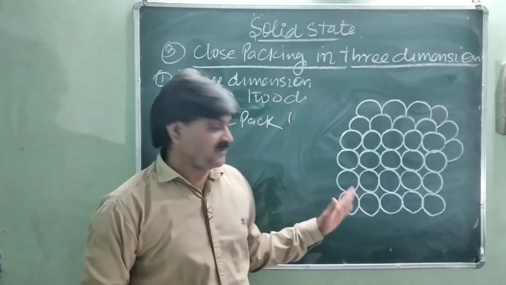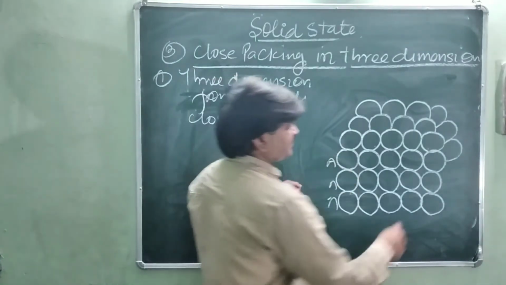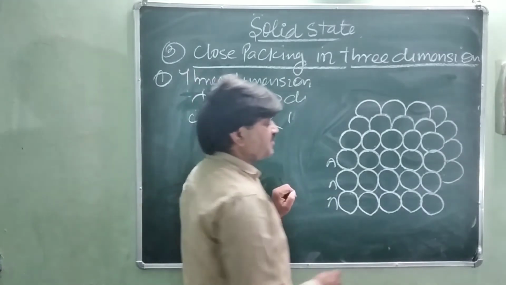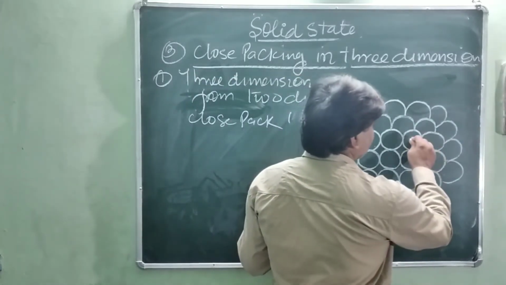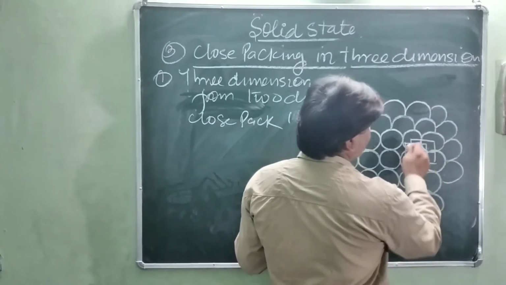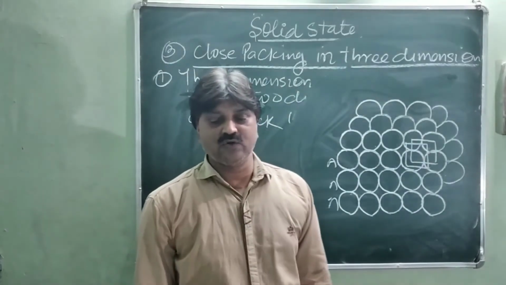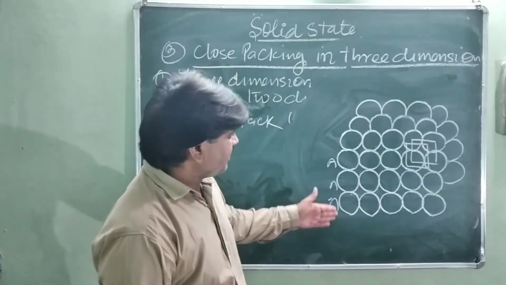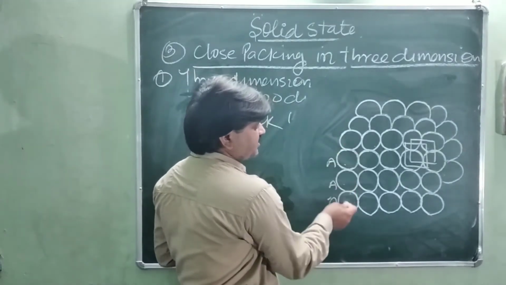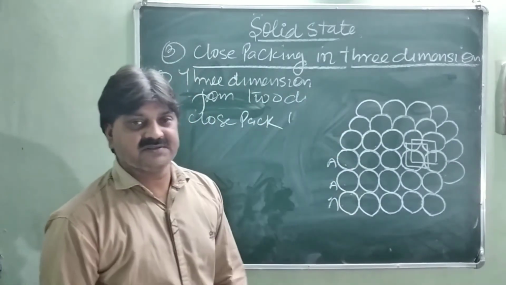This is A type of structure. This is a three-dimensional structure. And you will see here this is the square closed pack in this way. One atom is situated by four atoms. So it is called the square closed pack layer. And the type of structure is A type. You will see that it is a similar arrangement of the atoms in three dimensions.